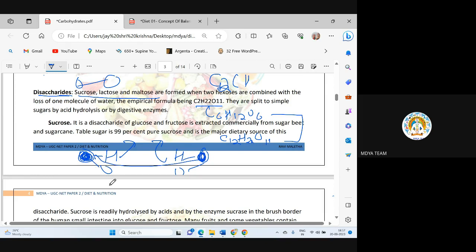Similarly, an oxygen atom also leaves, and in place of the oxygen atom, they join with each other. That's why there is C12H22O11. Is it clear? Yes, sir. Okay. So the important thing is that a disaccharide contains 2 monosaccharides.